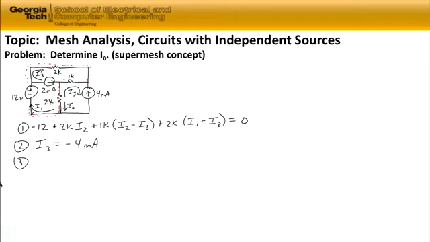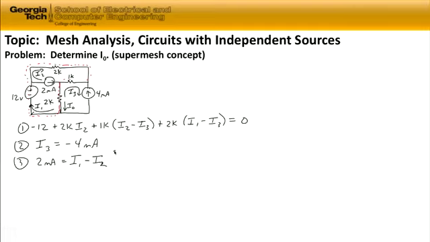The third equation comes from the 2 milliamp source, which was shared by two adjacent meshes. That 2 milliamp source is equal to I1, which is flowing the same direction as it, minus I2, which is flowing the opposite direction of that current source.